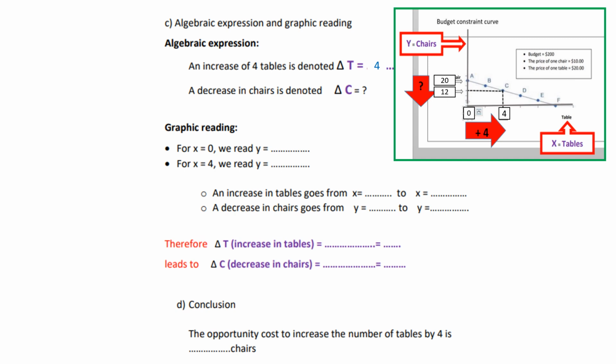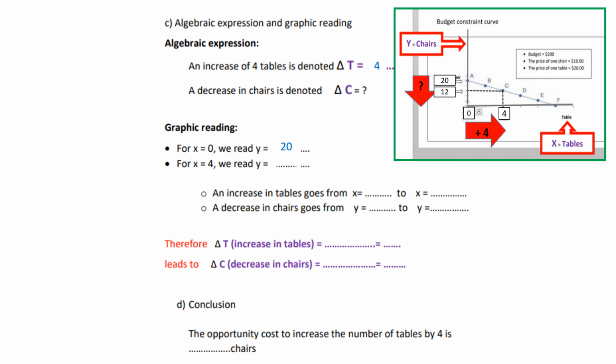The change in table is 4, and the change in chairs is what we ought to determine. Let's begin our graphic reading. We can read on the graph that for x equals 0, the corresponding y value will be 20. And that's what we read on our graph.